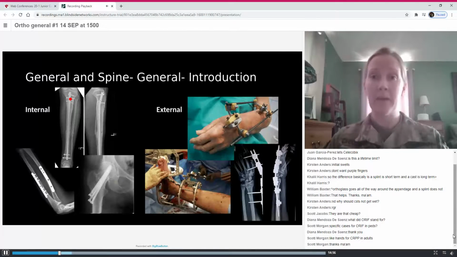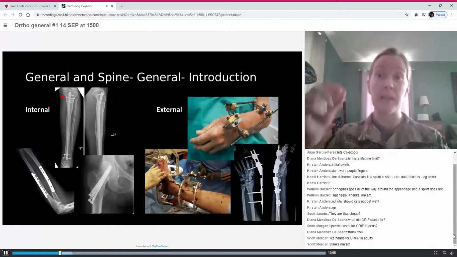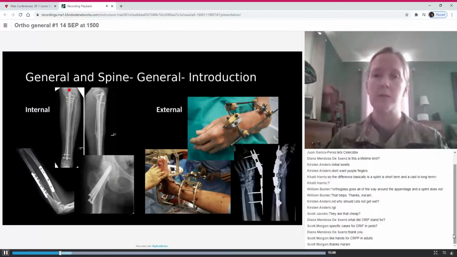IM is how we abbreviate it, IM rods. So they go down the medullary canal and are held in place at the ends by just a couple screws that we can get in percutaneously, so through those little tiny holes. So big hole to get the rod in, but little holes to get the screws in. So we use those in the long bones, most commonly of the lower extremities, so tibia and femur.